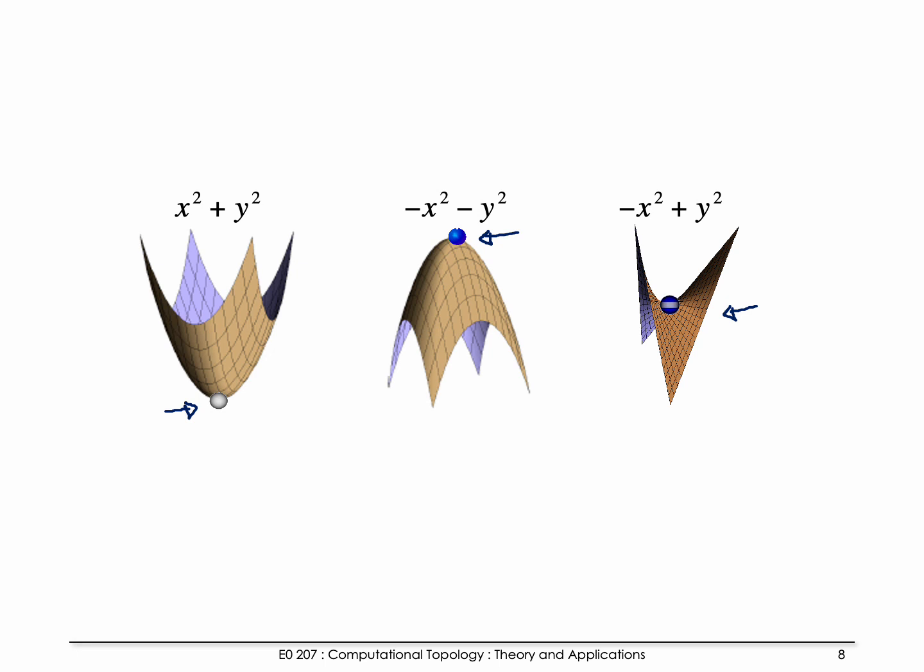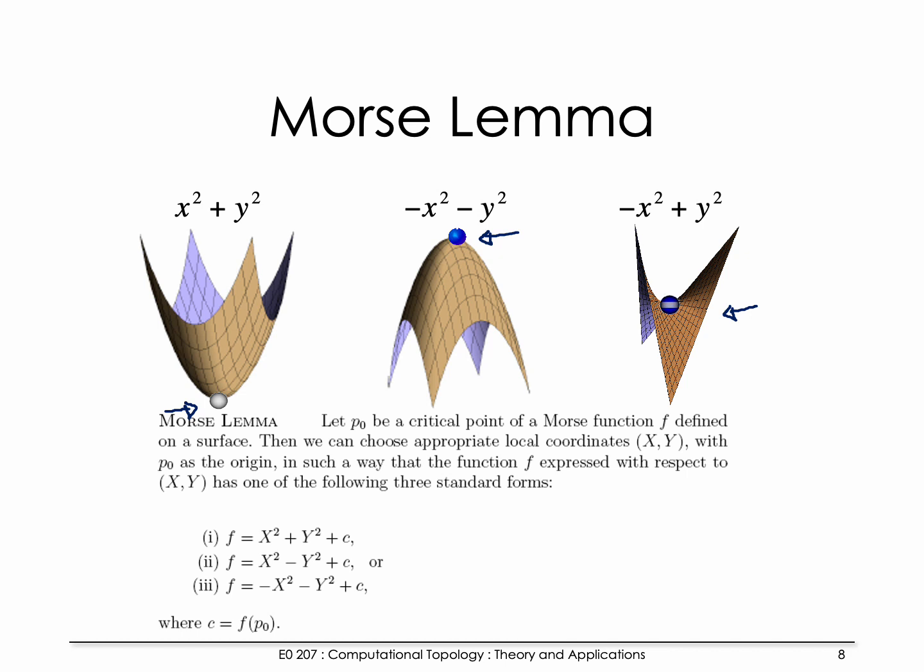Now it turns out that this is not just an example, but this is actually the rule. The Morse lemma writes this particular result more formally. So let's look at the Morse lemma. Let's call this particular point that we are studying p sub 0. So let p sub 0 be a critical point of a Morse function f that's defined on a surface.